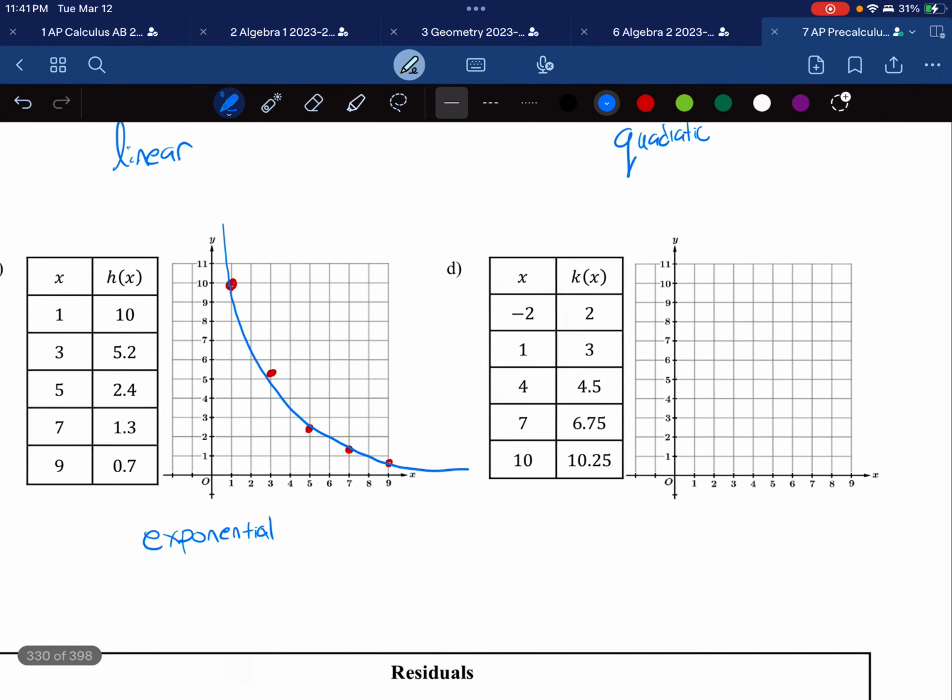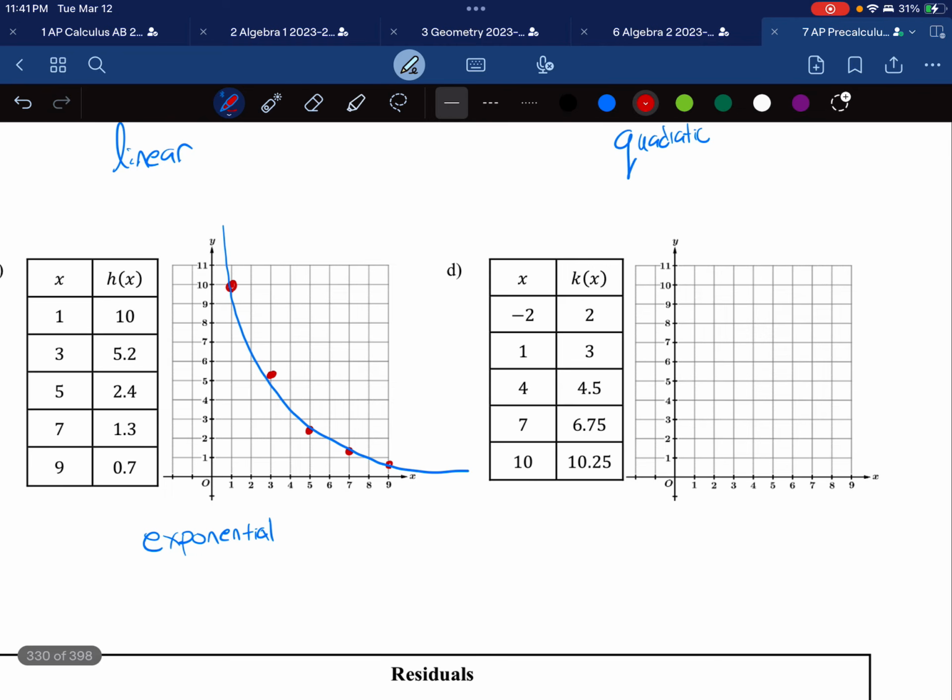And then finally, we have this set of points: (-2, 2), (1, 3), (4, 4.5), (7, 6.75), and (10, 10.25), which is right about there. Again, to me, this looks like some sort of function that grows as an exponential, so exponential.